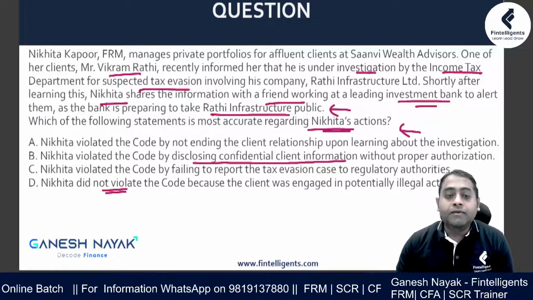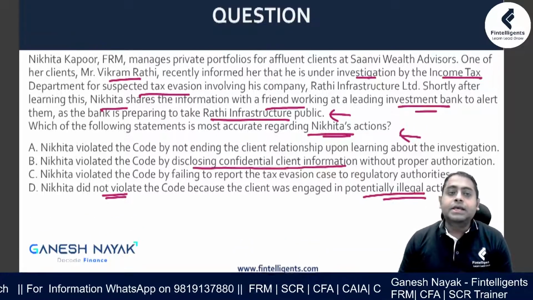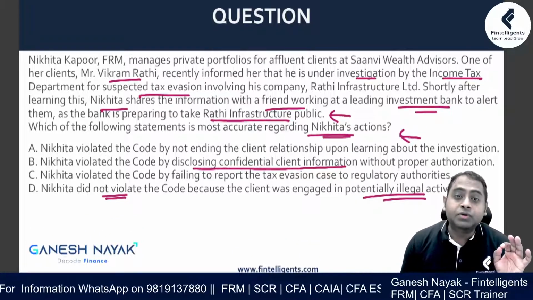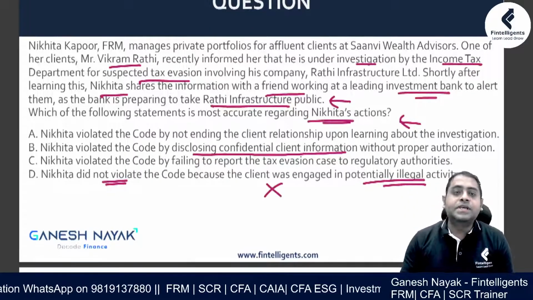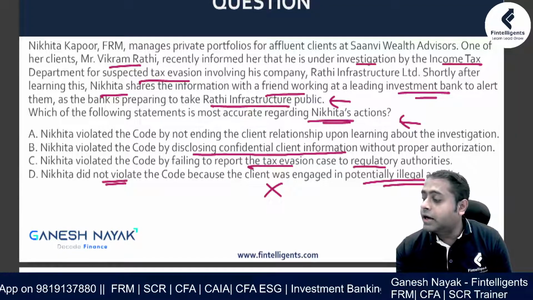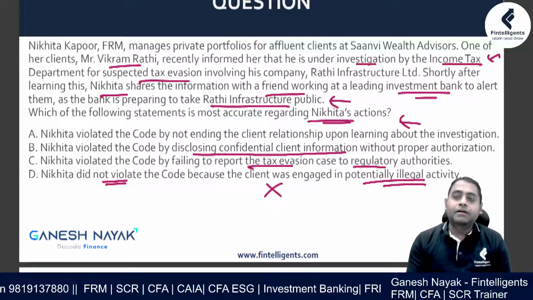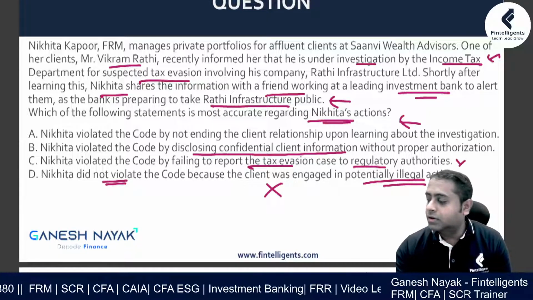Somebody is saying D. Why is this not the answer? Because they are saying the client was generating potentially. See, it is suspected tax evasion. They are not sure, first of all. If you are not sure, you cannot say that. Where will you report? The income tax authority is already checking it, so you can report to them only. So this is also wrong.